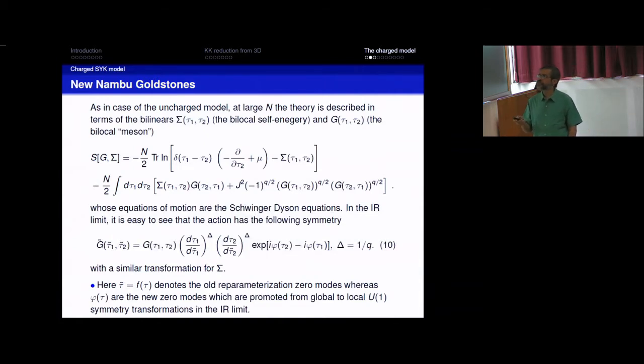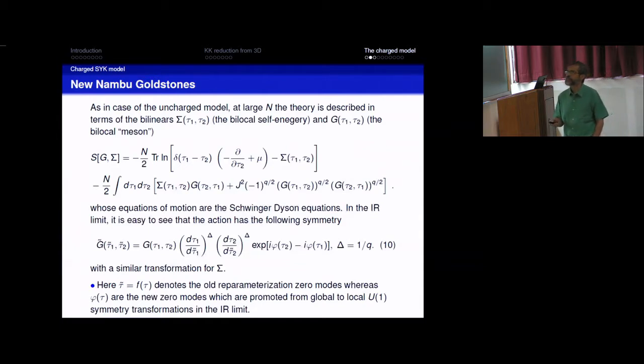Clearly, G of tau 1, tau 2 is like a tensor of weight 1 over Q in terms of reparameterization. So this is Q by 2, this Q by 2, so overall it's Q. And if it's a tensor of weight 1 over Q, then that exactly matches and compensates for the d tau 1 d tau 2 measure. So basically what I mean to say is that this part was already quite clearly a symmetry of the problem.